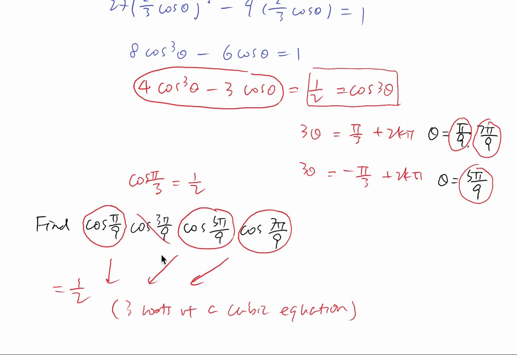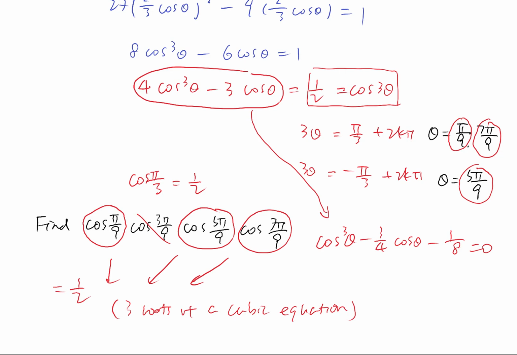Our cubic equation is x cubed minus 3 over 4 x minus 1 over 8 equals 0. For this one, we need to make it monic by dividing every single term by 4.